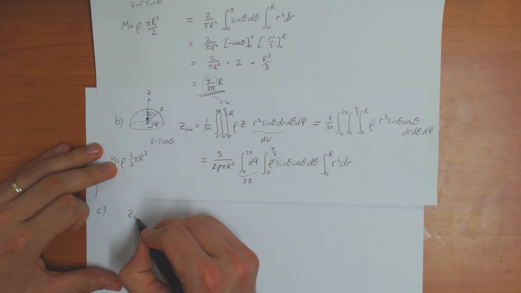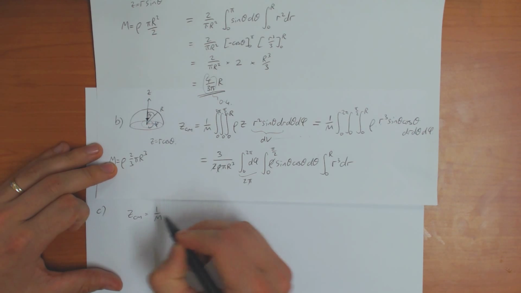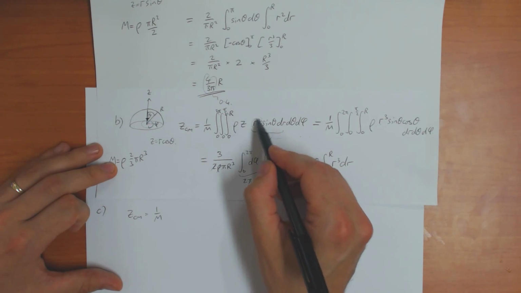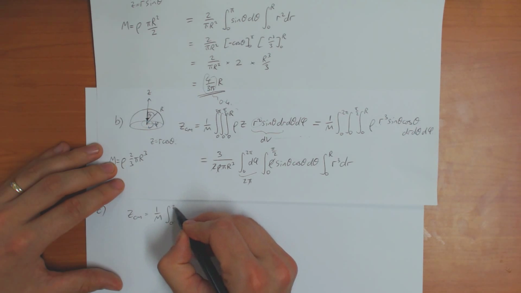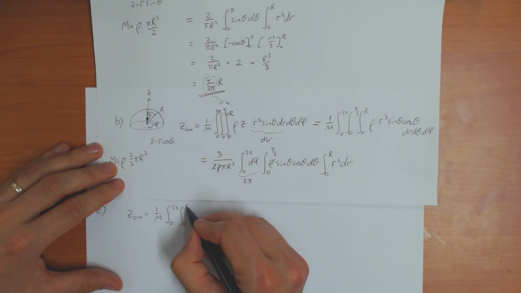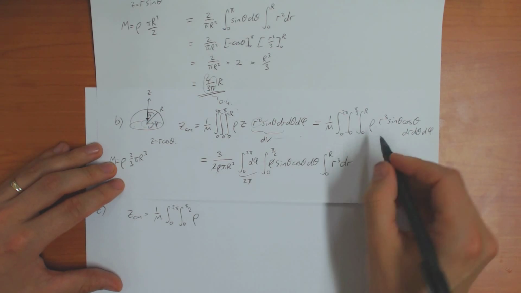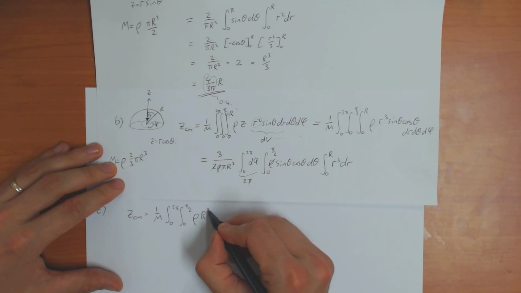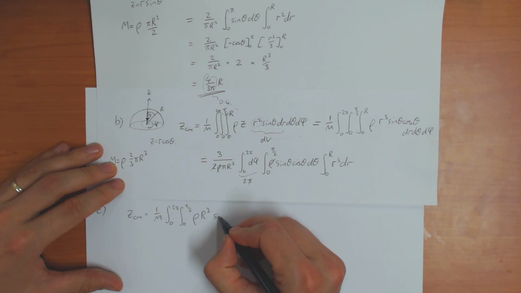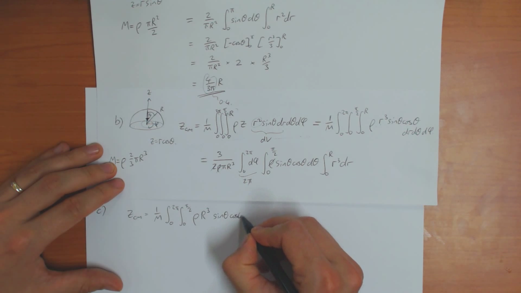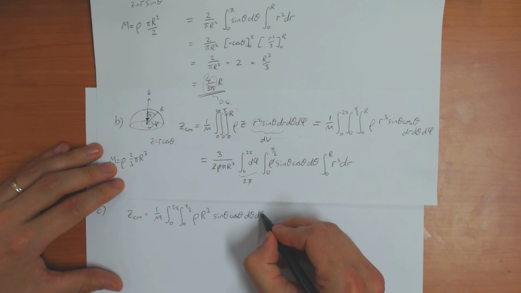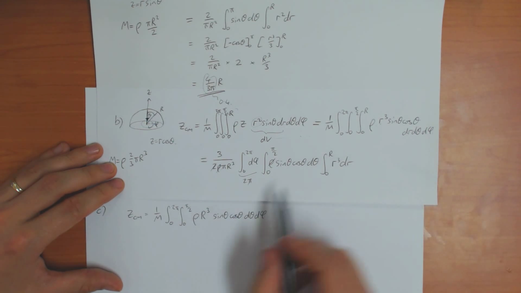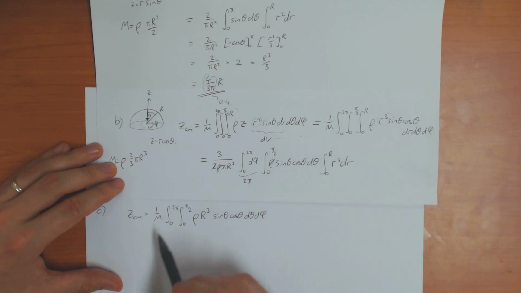The only difference is that you don't do the r integral. You just replace small r with capital R. So this gives you 1 over m, integral from 0 to 2 pi, integral from 0 to pi by 2, rho, and then just capital R cubed, sine theta, cos theta, d theta, d phi. Okay, so that's the only difference, is that this changes to that.